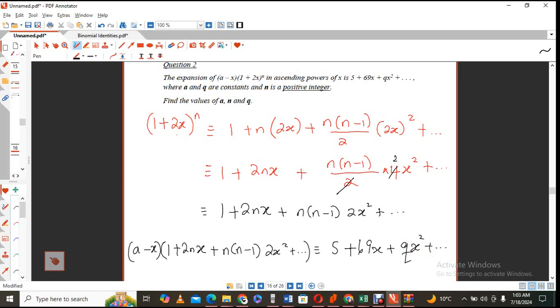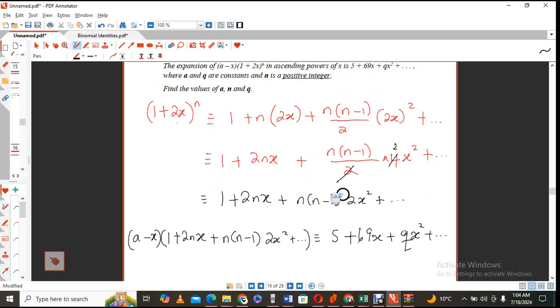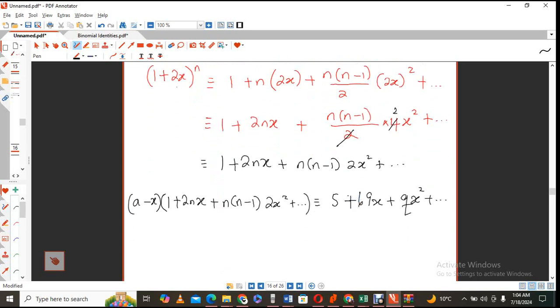I just have to clean the left-hand side. But I can already see what my a is. The value of a is nothing but 5, because they ask you to find the value of a, and it should be quite clear from that.